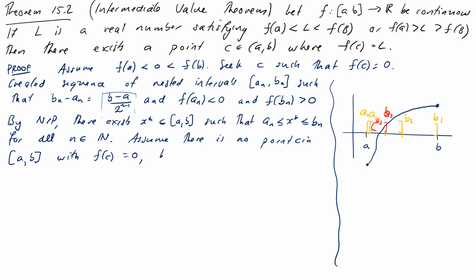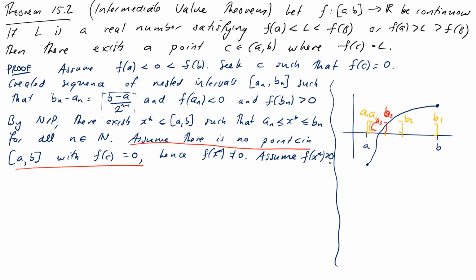So hence f of x star is not equal to 0. Okay, and let's just, without really losing any generality, assume that f of x star is positive. So we're going to attempt a contradiction. This is our assumption that we should hopefully find results in a contradiction.